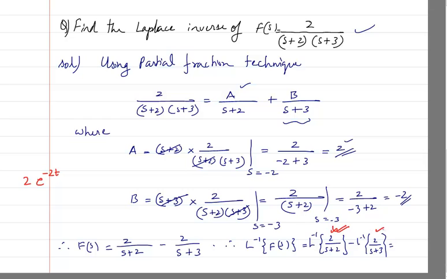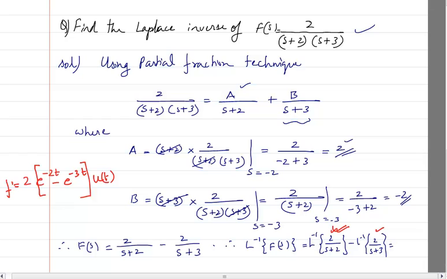Similarly here also, it will be minus 2 times, so I will take 2 common: 2 times e raised to power minus 3t, bracket closed, and u of t. Should not forget to write u of t. This is your Laplace transform, which is written as f of t.